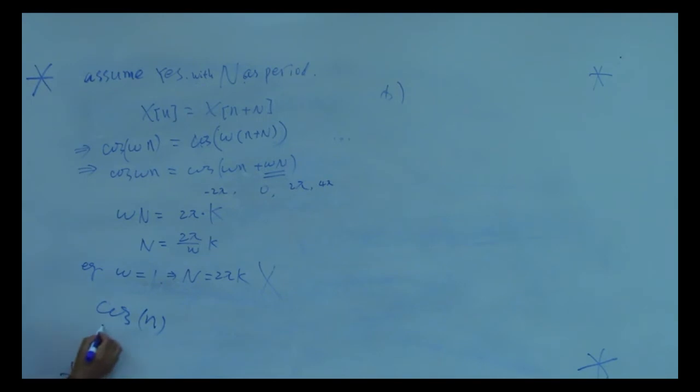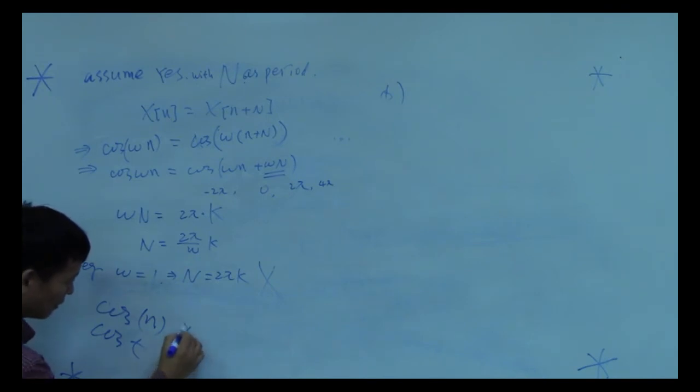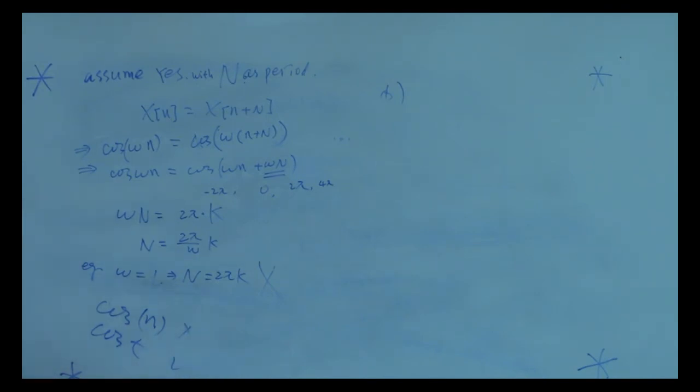But cosine t is always periodic. But this one is not. So that is the difference between continuous time and discrete time. So be careful on that. Don't think, oh, cosine, yeah, that is periodic. No, that's not.